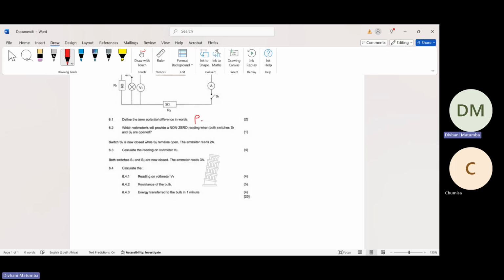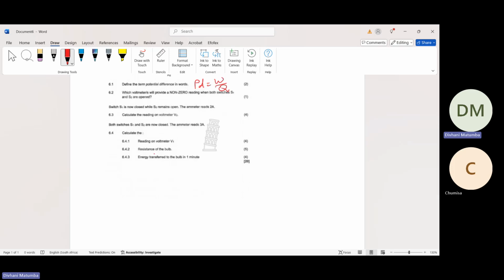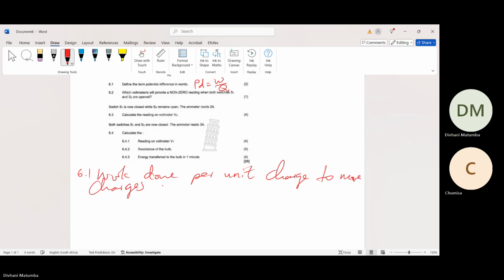So the potential difference is equal to the work done per unit charge to move charges inside the conductor.